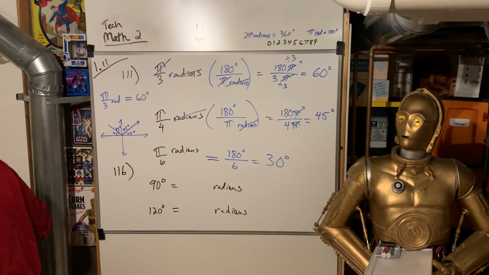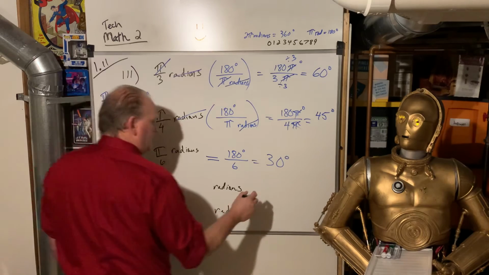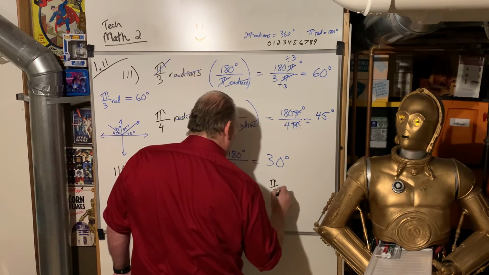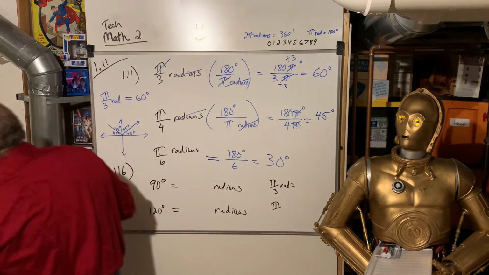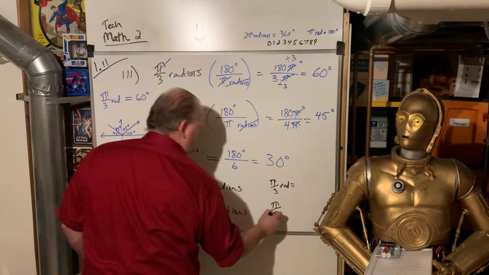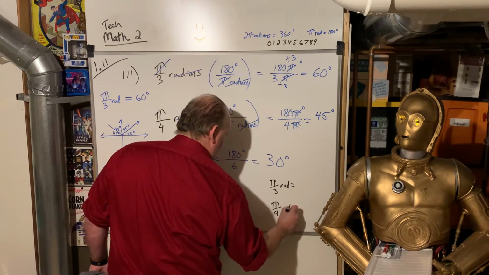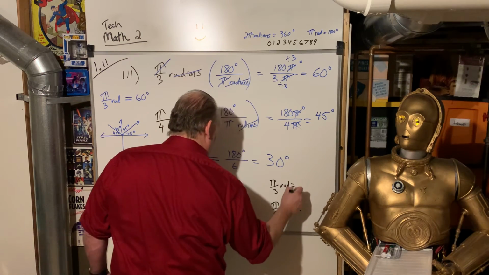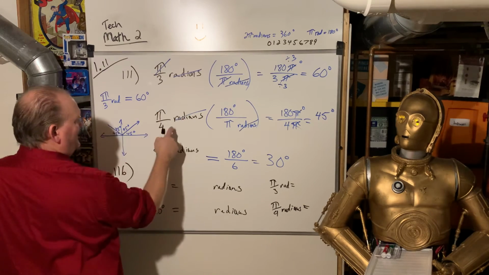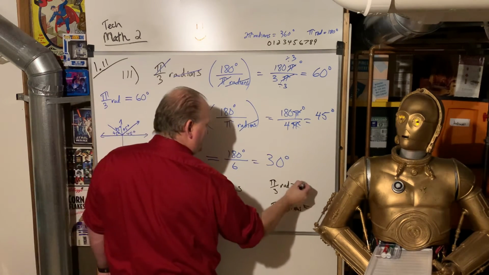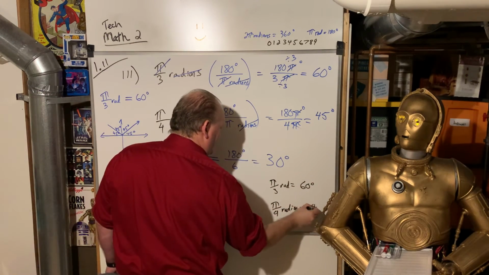And pi over 3 radians is how many degrees? So we already did these two, pi over 3 radians and pi over 4 radians. So the last two on 116, we did. There's pi over 3, there's pi over 4. So we already know those. Those are 60 degrees and 45 degrees.